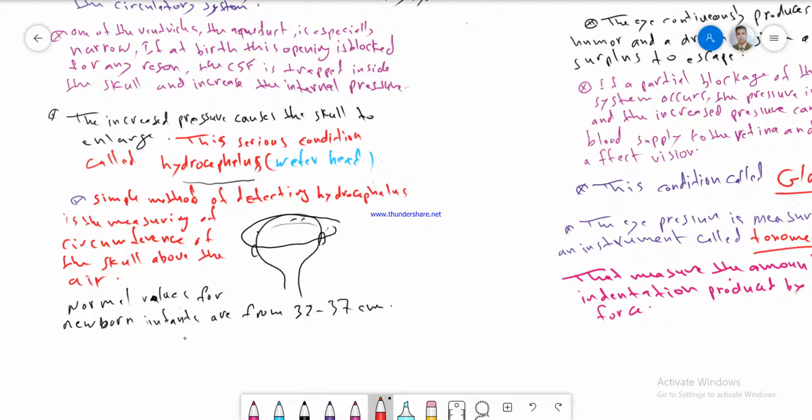Normal values for newborn infants range from 32 to 37. More than this value in the infant indicates hydrocephalus.